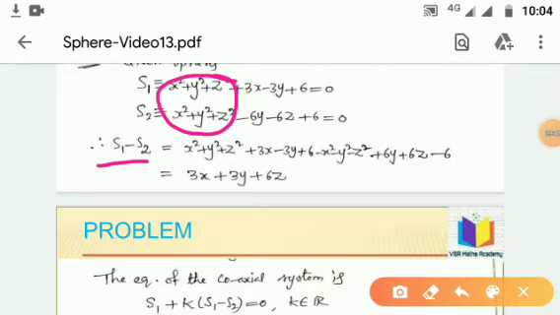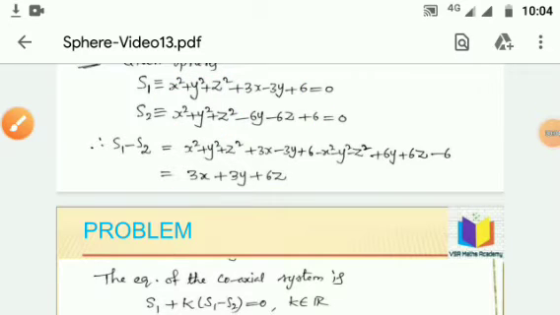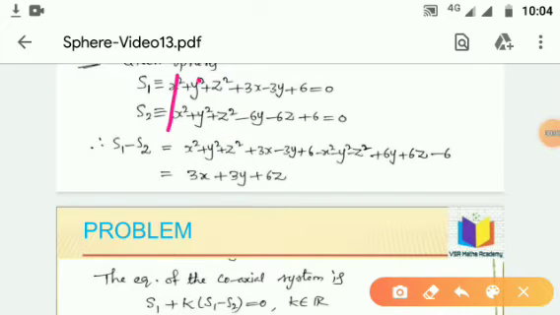So you will get 3x minus 3y plus 6y plus 3y minus of minus 6z plus 6z, and 6 minus 6 will become 0. So on subtracting, these terms will be cancelled, and you are left with 3x plus 3y plus 6z.